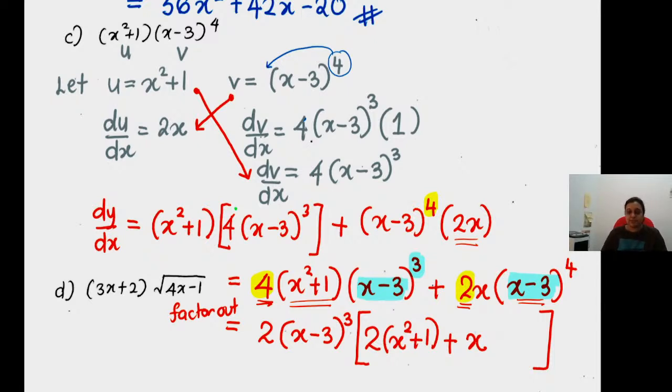Because now we need to make sure that when you times in back, you must get (x minus 3) power 4. Or if you're not sure, you can tell not sure. I'll guide you. Maybe some of you might know the answer. If you don't know, it's okay. You can tell not sure, teacher, and I'll give you a detailed explanation.